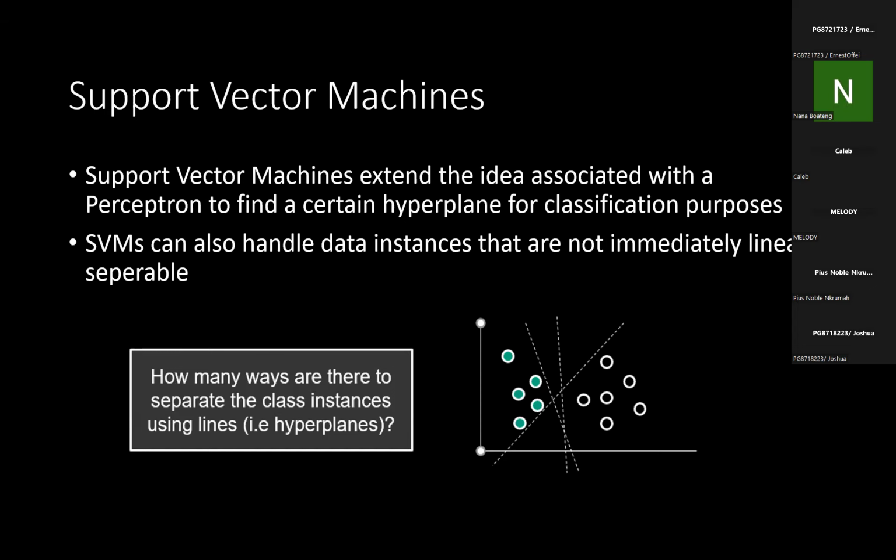We call them non-linearly separable cases. We'll get to that point, but the main issue here is that we want to find the best hyperplane that is able to divide your data sets into regions in order to make your predictions.